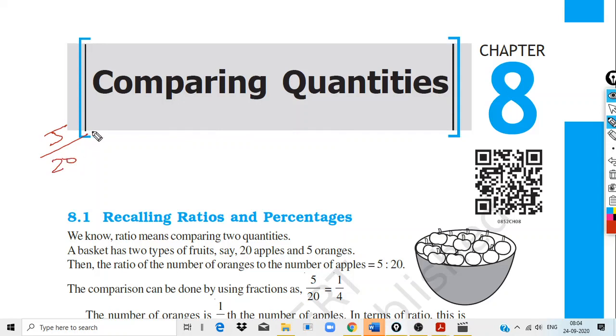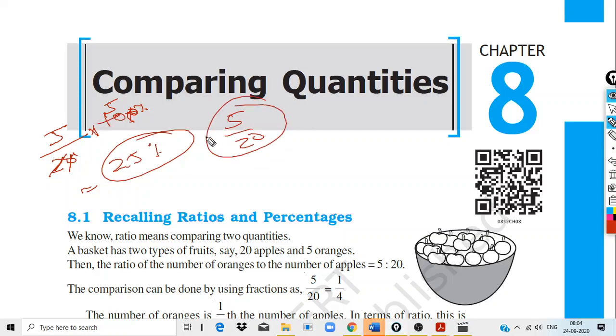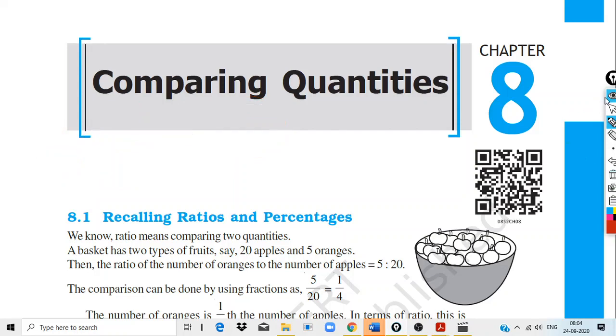You can multiply by 100%, which will be equal to, you can cancel it now, 20 ones are 20 and the zeros will be cancelled, then 2 fives are 10, equal to 25%. So we can say 5 by 20 is equal to 25%. Okay, so you know how to convert fraction to percentage.